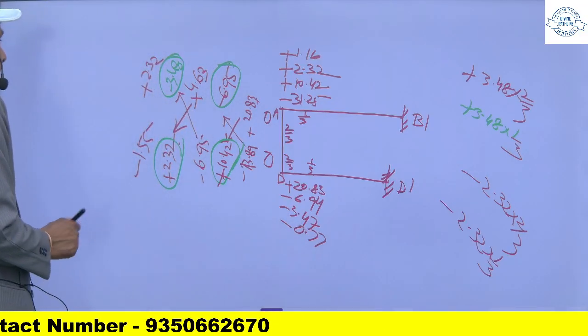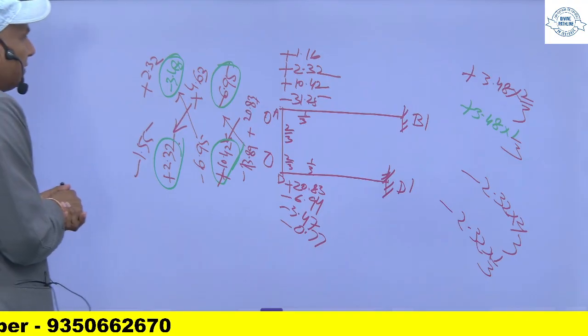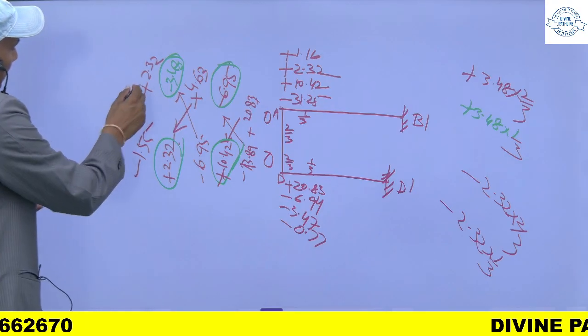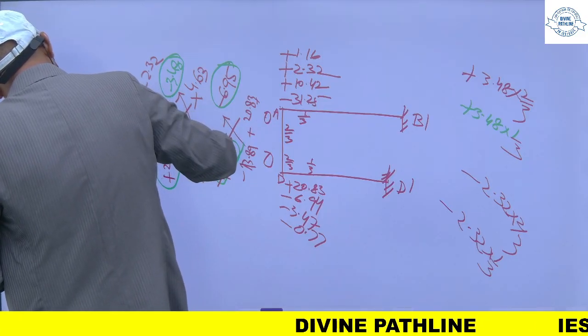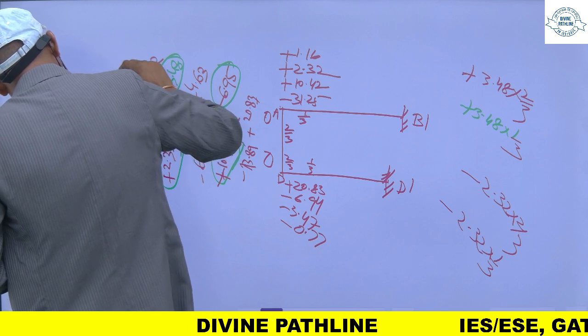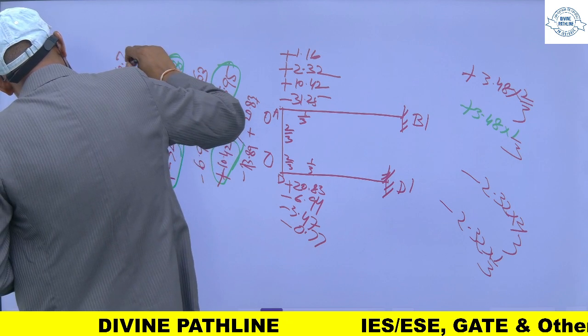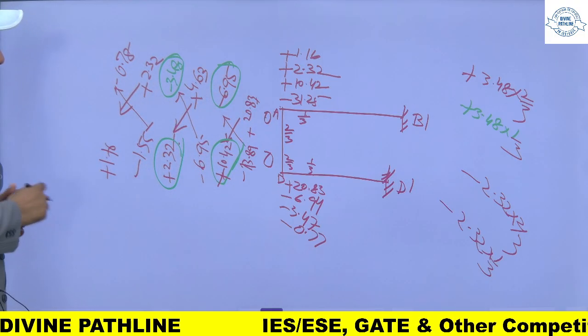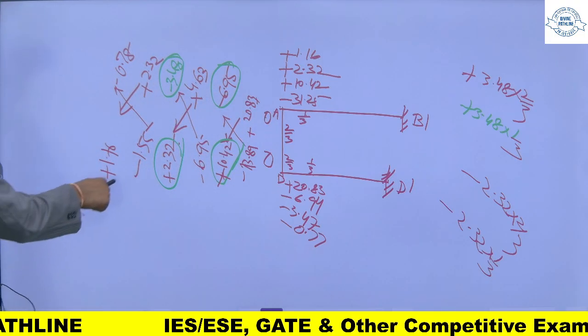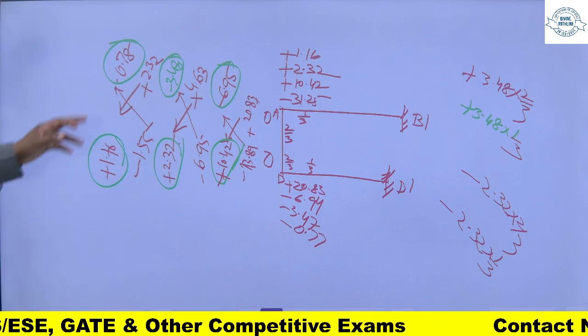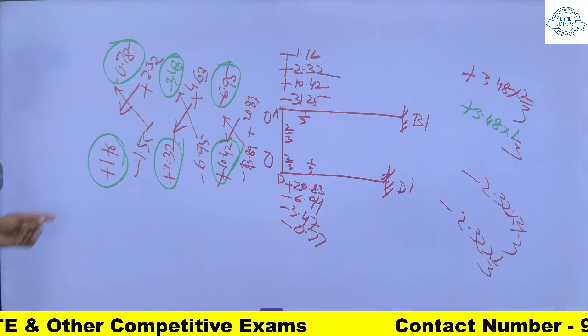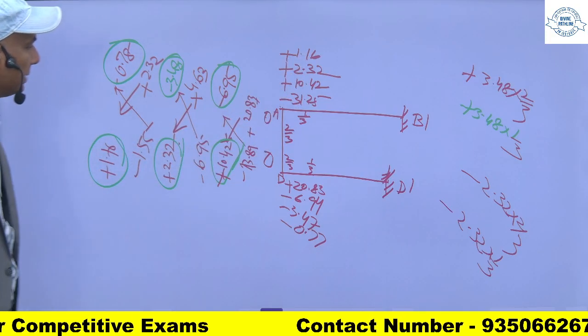Now, this is the moment which I have applied. So half of this will come here. This is plus 1.16 and half of this will come here. It will be like this. Now this moment becomes extra. So it will be distributed into this member and this member according to the stiffness.